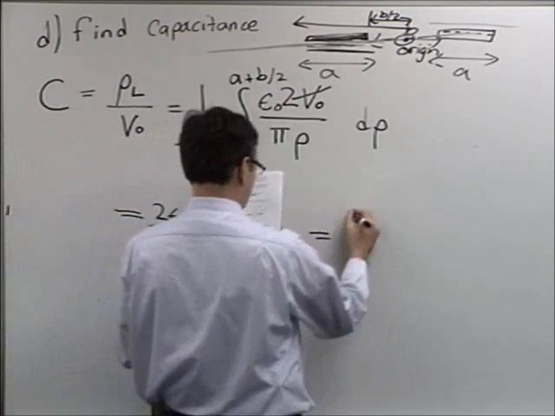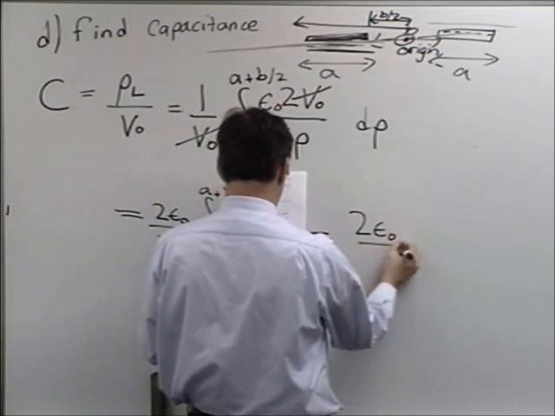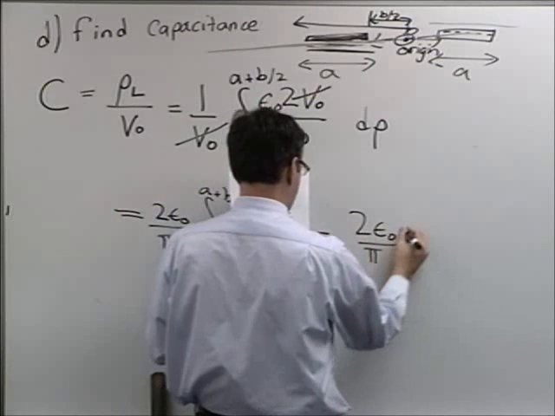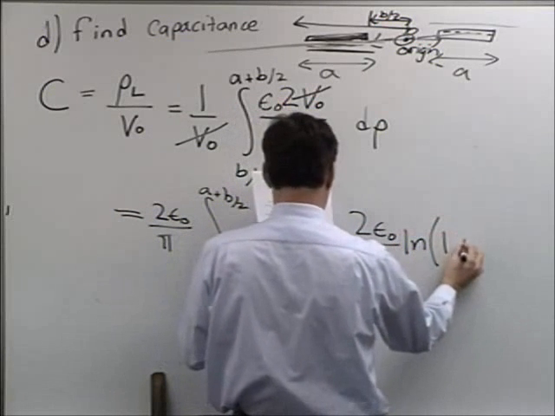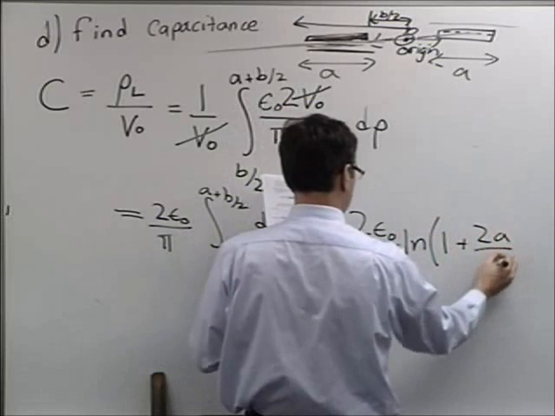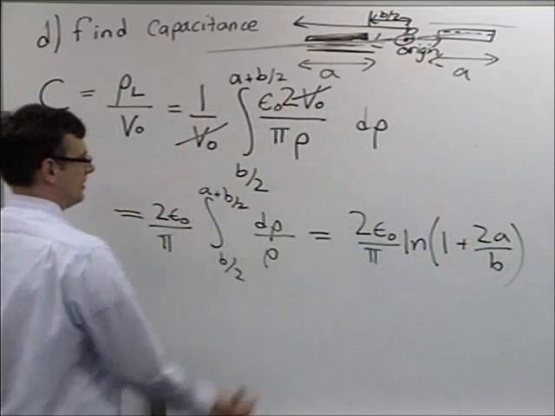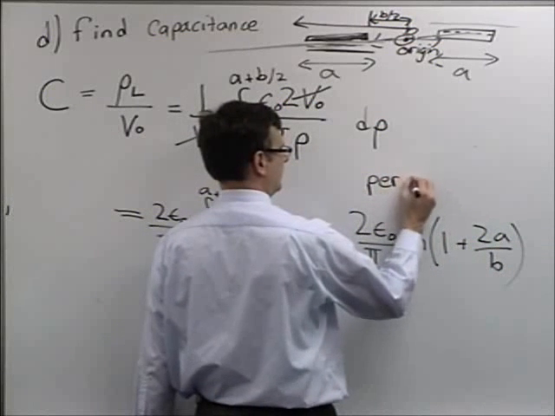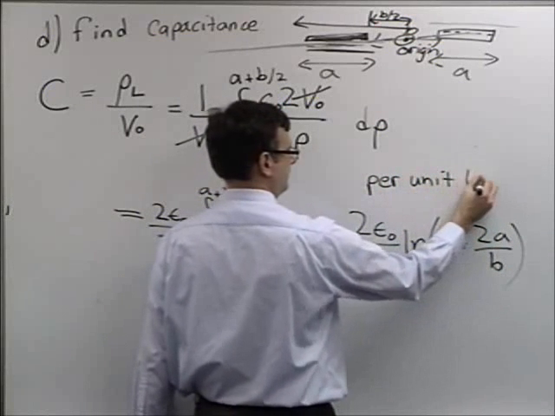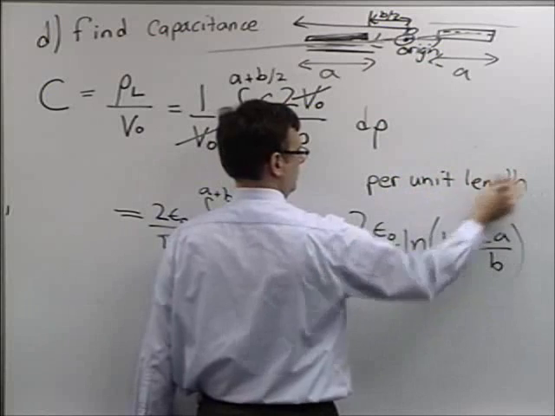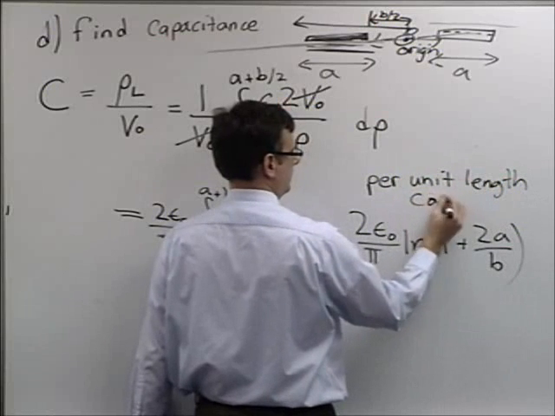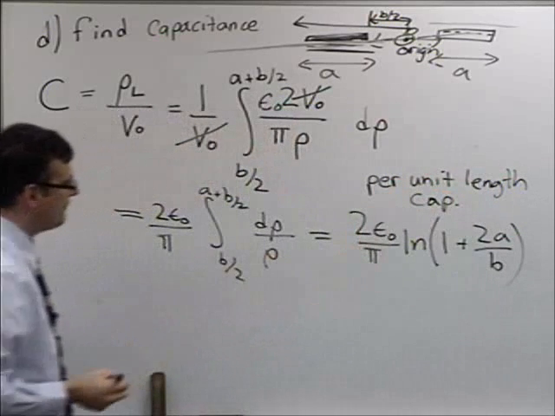My final answer is 2 epsilon naught over pi, natural logarithm of 1 plus 2a over b. That's the per unit length capacitance, in units of farads per meter.